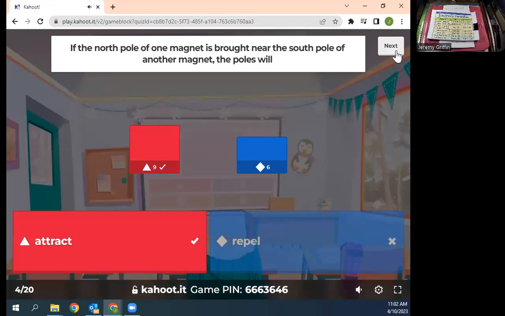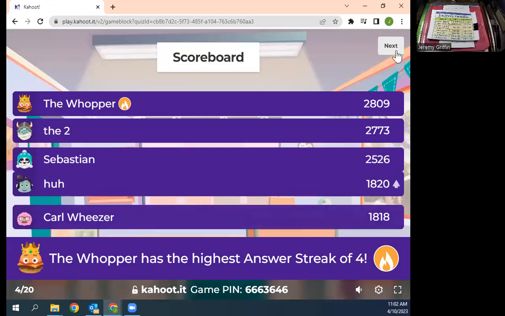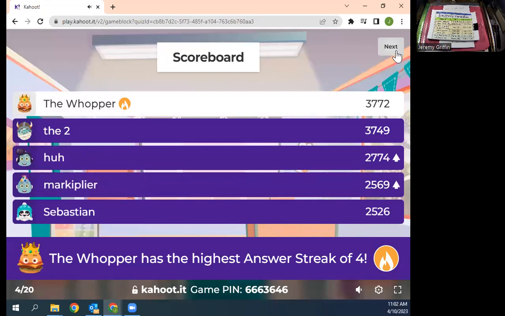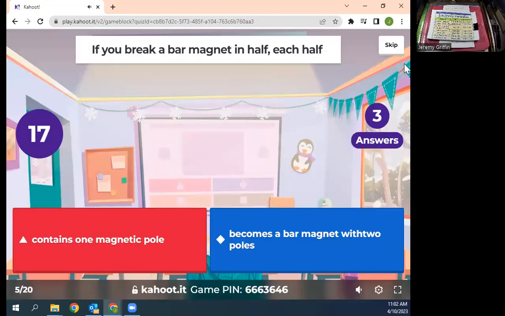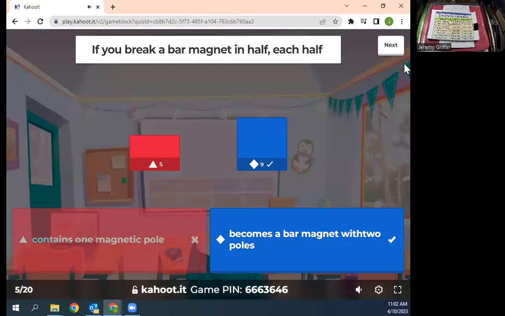So north and south attract, opposite poles attract. If you break a bar magnet in half, each half becomes a bar magnet with two poles. There you go.